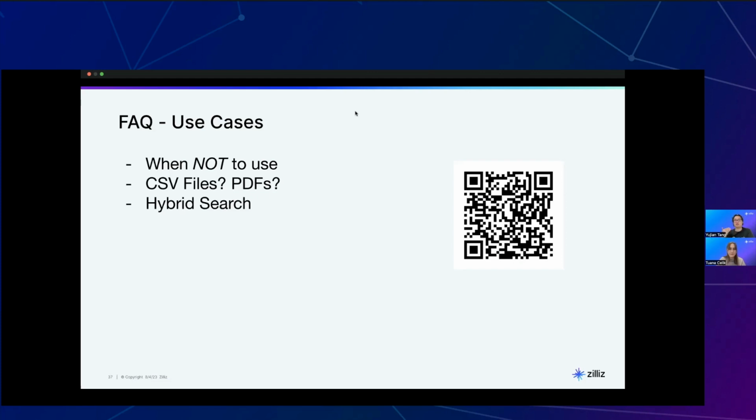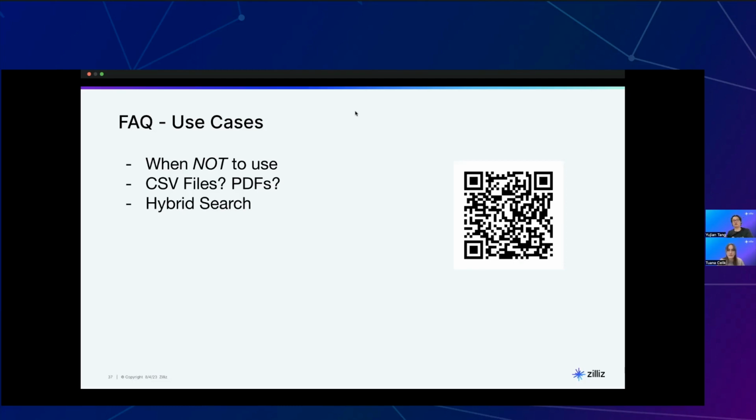I actually came across a use case recently where someone had input CSV data into their vector database, but they did not use a CSV-like embeddings model to embed it.